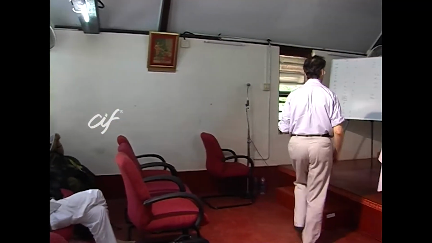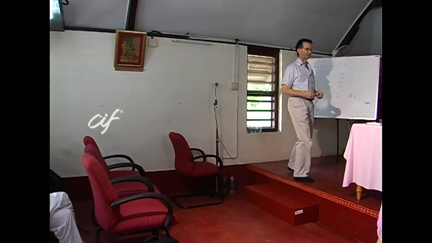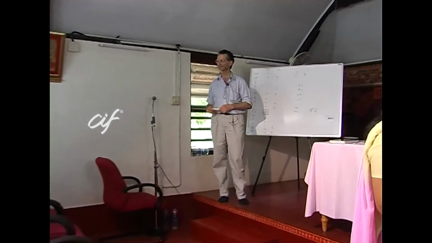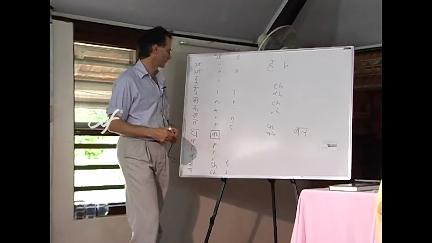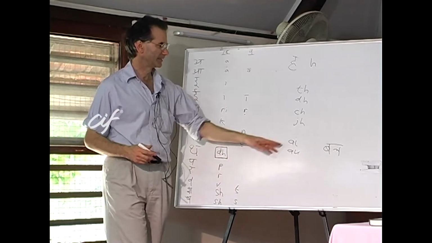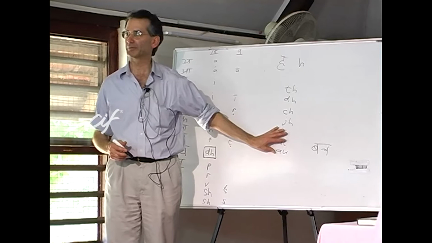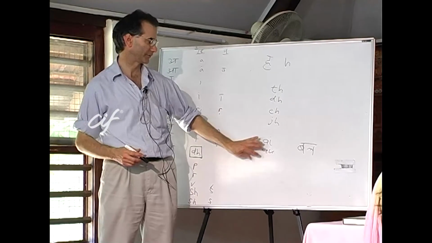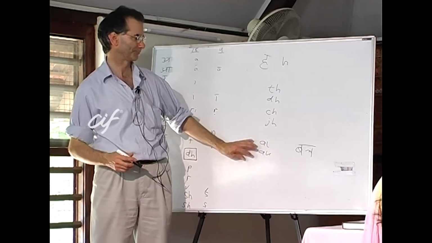A and i. Sanyukta-akshara is used for consonants. Anyway, this term is slipping my mind, but we call them in English subsegments. They're not independent segments, they're parts of the diphthong.